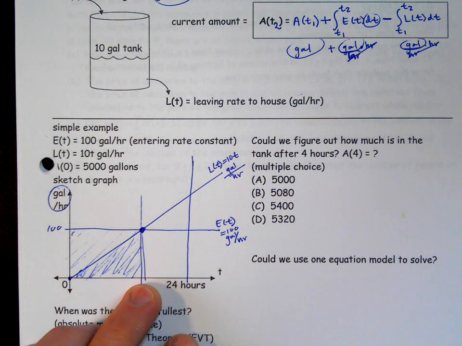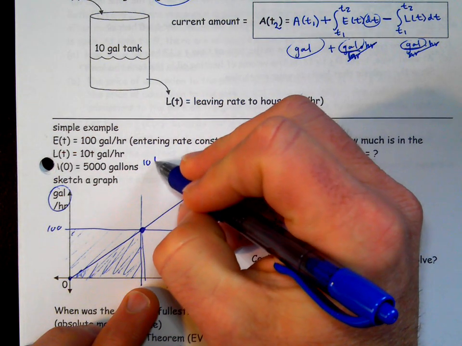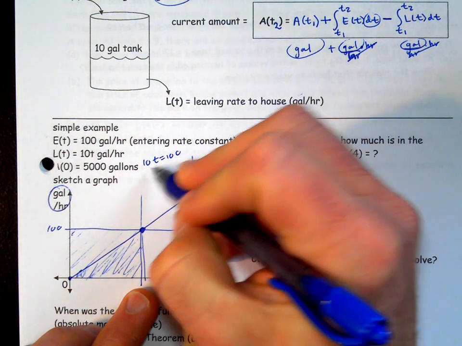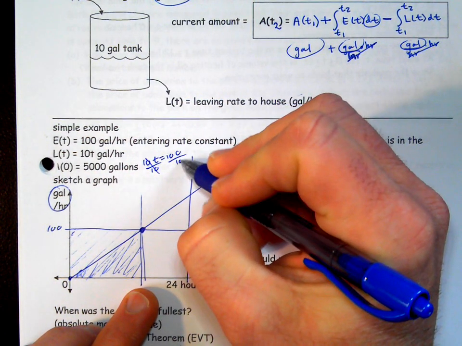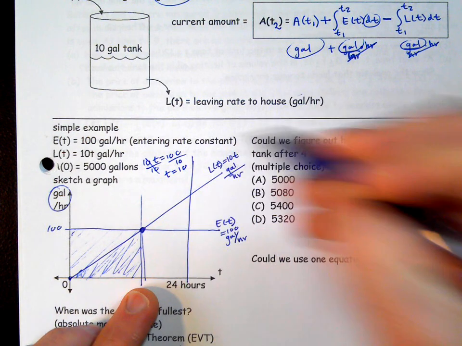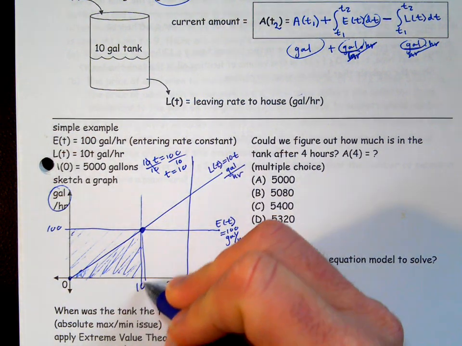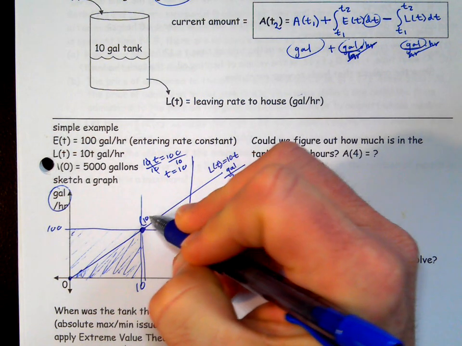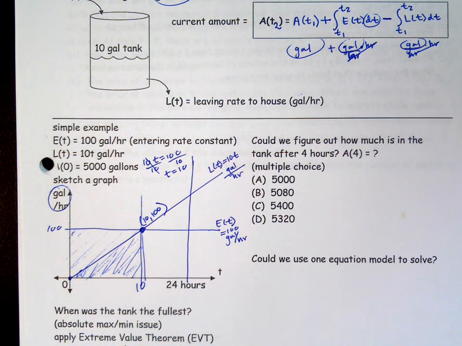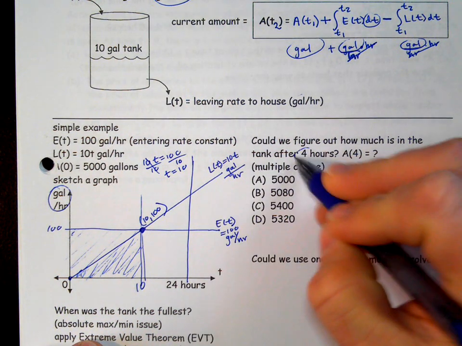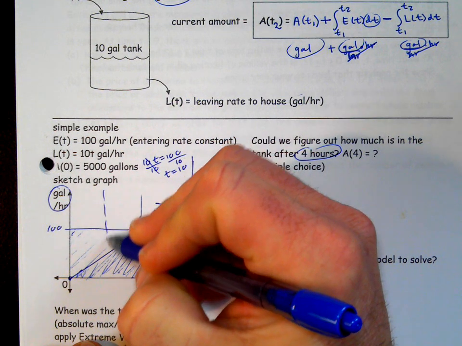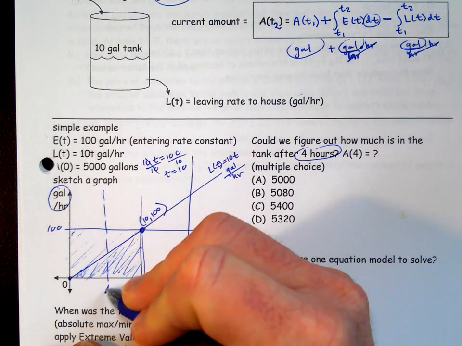But where do these intersect each other? So 10t equals 100. You guys should be getting good at finding intersections of curves again. We've been doing them a lot with the area and volume problems. So that's going to be at time 10. And if you plug 10 in, you get 100 into either one of those. So we're specifically interested in 4 hours. So that's going to be somewhere like around here.